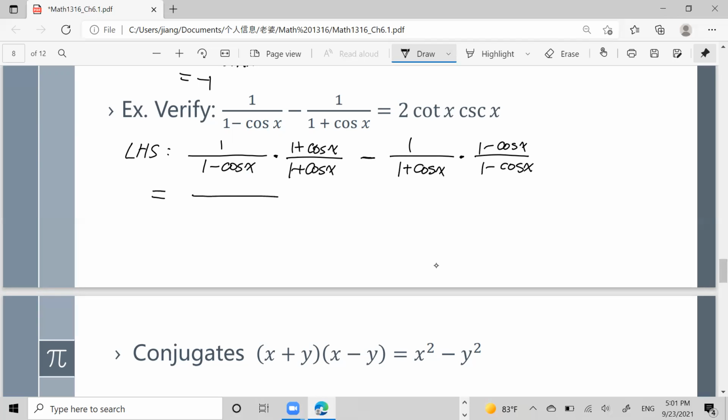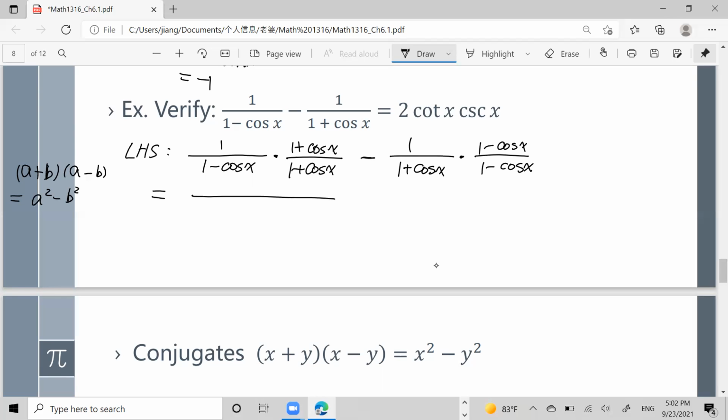Equals, the bottom one is 1 minus cosine x times 1 plus cosine x. Do you still remember the conjugate formula? That's a plus b times a minus b equals a squared minus b squared.